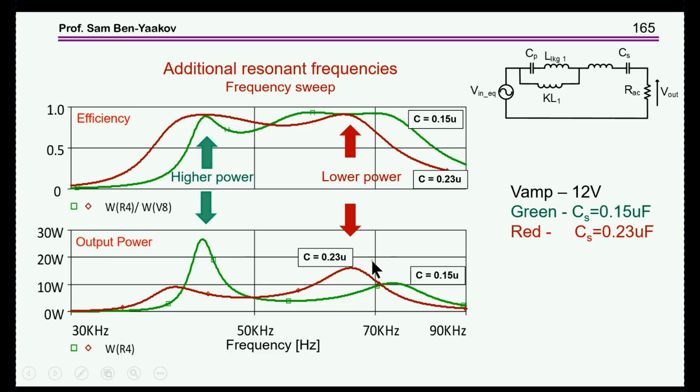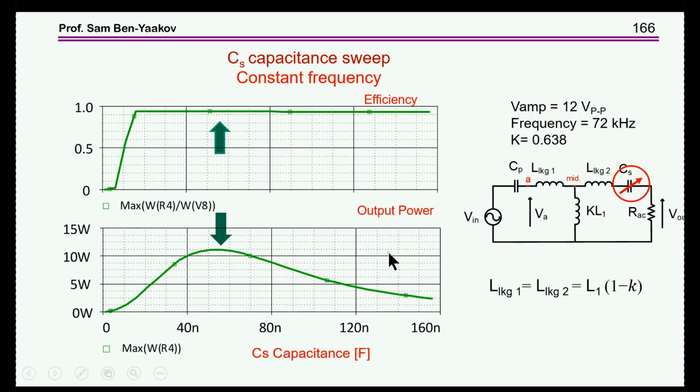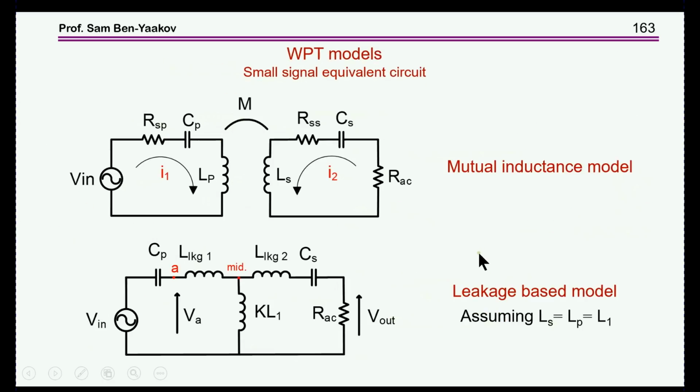Okay? So the point that I'm making is that you can now run a wireless power transfer with a variable capacitor to pick up these resonances. And also, even if you are working with the regular resonance, notice that you have to be tuned all the time.